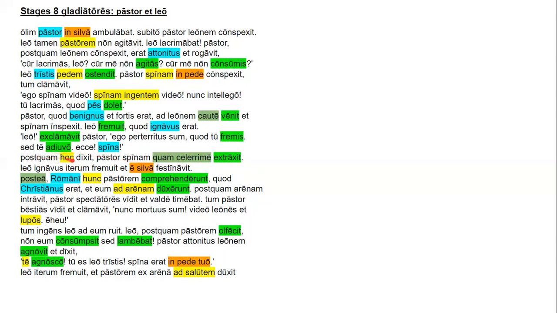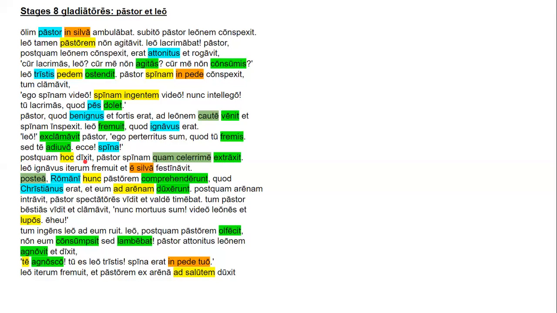So after hoc, and hoc is an accusative. It's called a demonstrative pronoun. It means "this," and it's pointing back to what he said here. So postquam, this thing, dixit. So "he said," perfect tense form of dico.